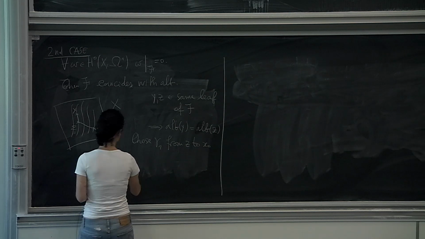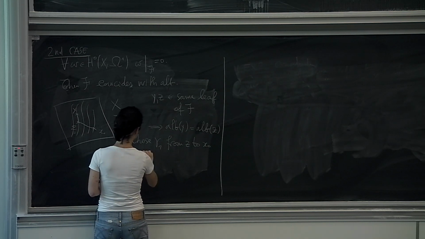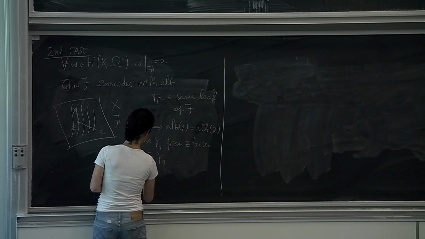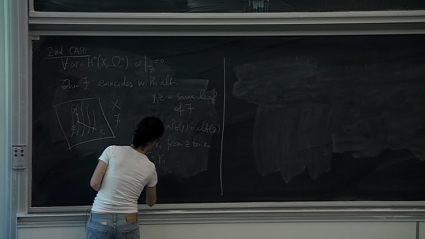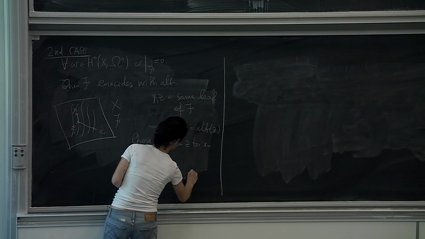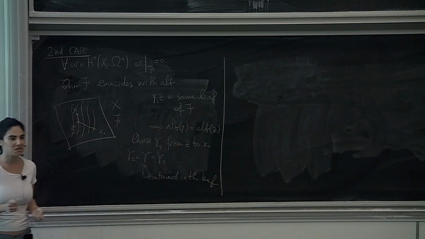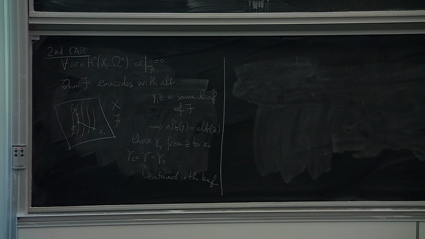Any. And gamma 2, we will take gamma composed with gamma 1, where gamma is contained in the leaf. I can do this at least for two very close points in the same leaf.